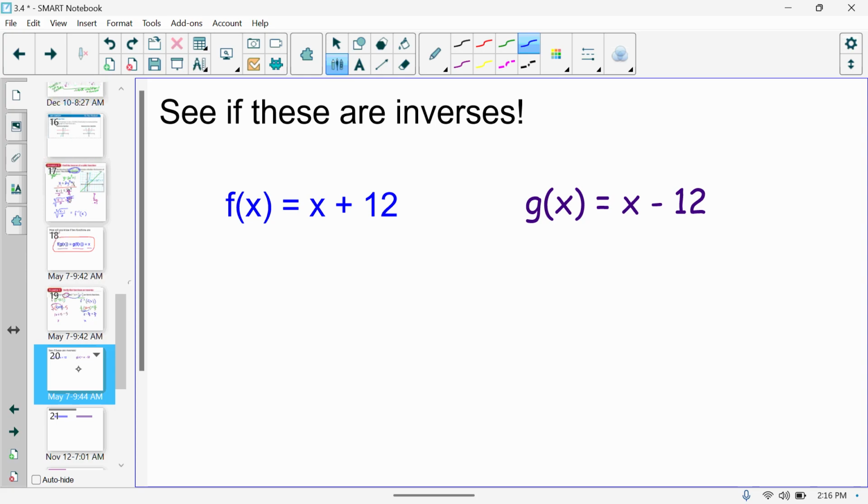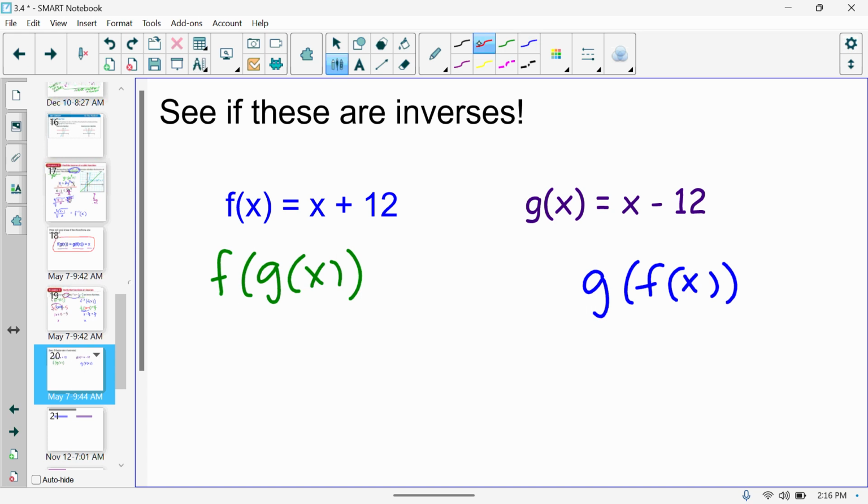Let's try another one. See if these ones are inverses. So again, we would have to do f of g of x, but then we'd also have to do g of f of x. So let's work with f of g of x. That means we're going to take the g of x, remember you read it from the inside out, and fill it into this one.